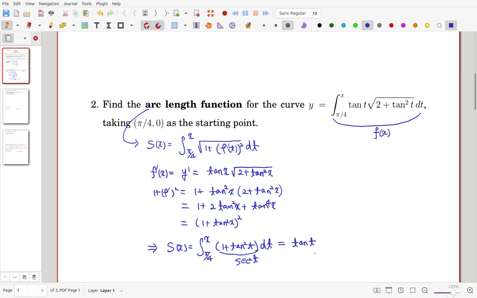So evaluating from pi over 4 to x, that is tangent of x minus tangent of pi over 4, which is the same as 1. So we reach the final answer, tangent x minus 1.